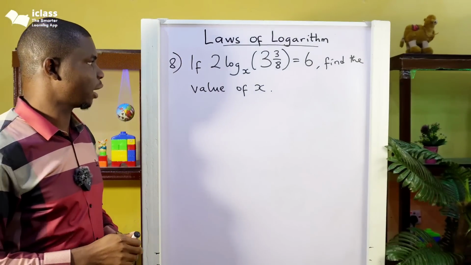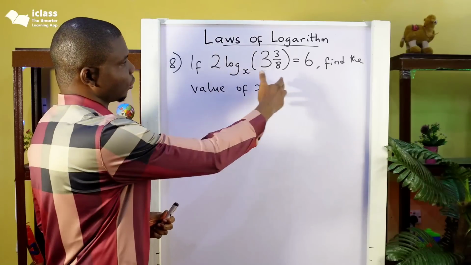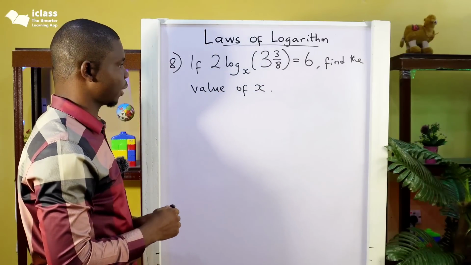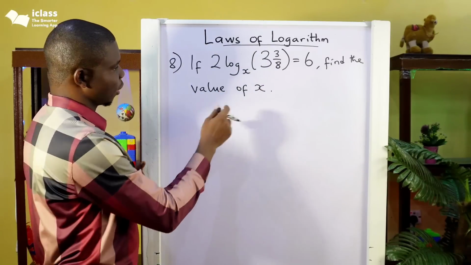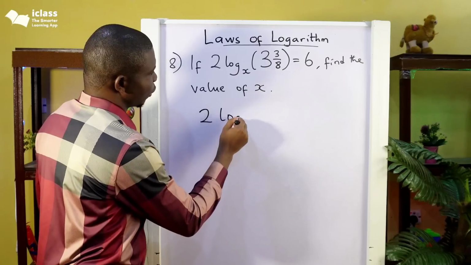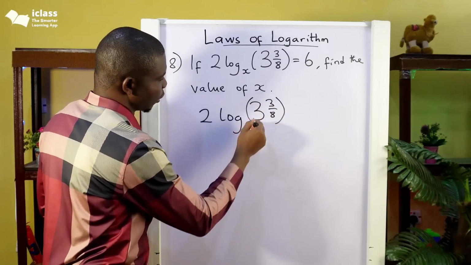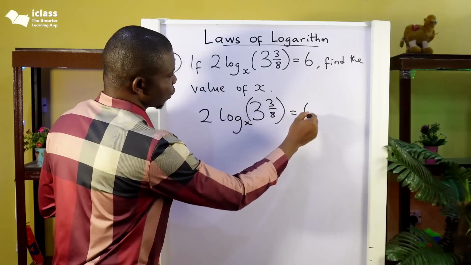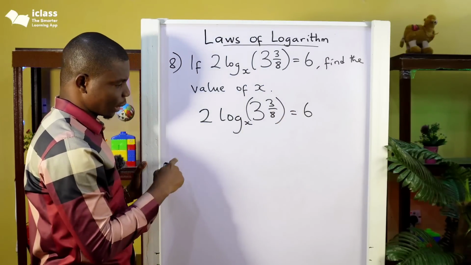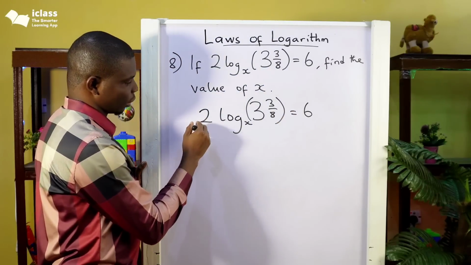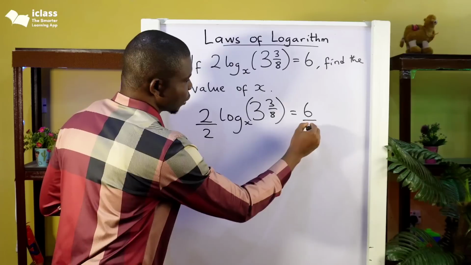Question number 8. If this logarithm is equal to 6, find the value of x. 2 log 3 whole number 3 over 8 base x is equal to 6. So first thing, I'm going to get rid of this 2 by dividing both sides by 2.